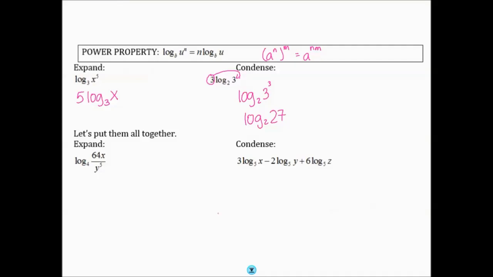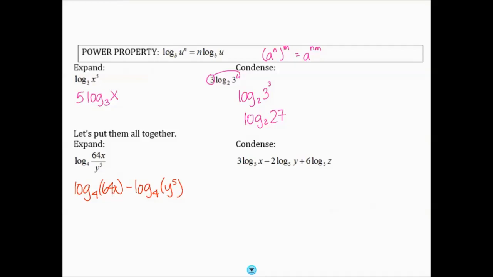Now, most problems that involve expanding and condensing logs use multiple properties. So if I want to expand log base 4 of 64x over y to the 5th, think about your order of operations as you're doing this. I'm going to first split up this fraction so that I have a subtraction problem. Then I can split up each of these terms farther.